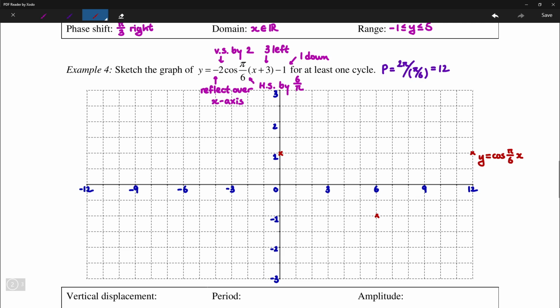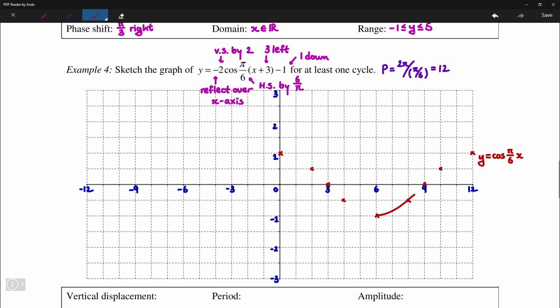The 6's eliminate each other, so we're just evaluating cosine pi, which is -1. From there, we can also find that from the first quarter, we have a 0, so we have 3, 0 for the function that we're graphing right now, and then also 9, 0. Okay, so we can also add some additional points to make it easier to draw.